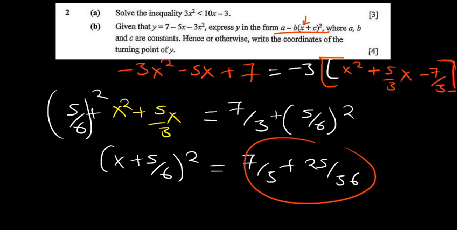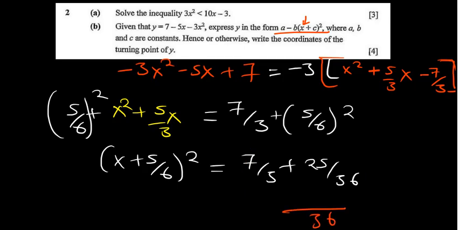So we have a fraction there. Common denominator 36. 3 into 36 is how many times? That should be 12. 12 times 7 is 84, plus 25 is 109.